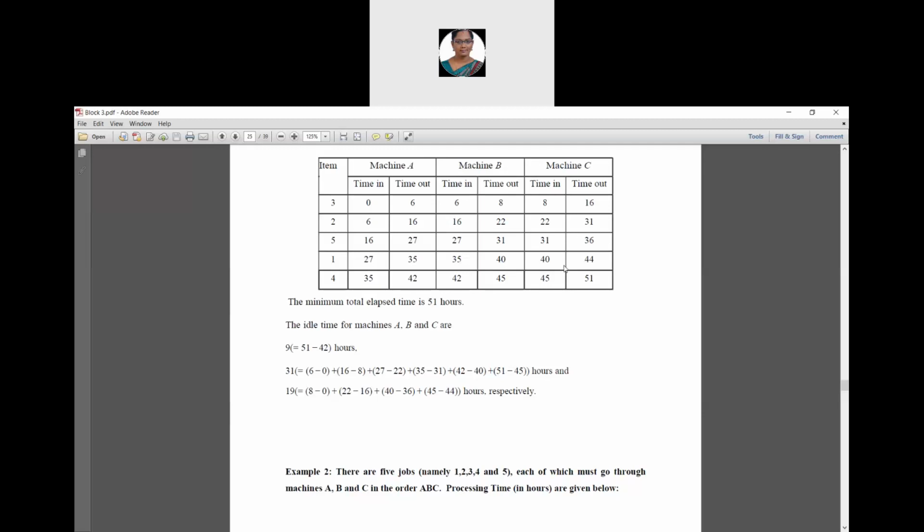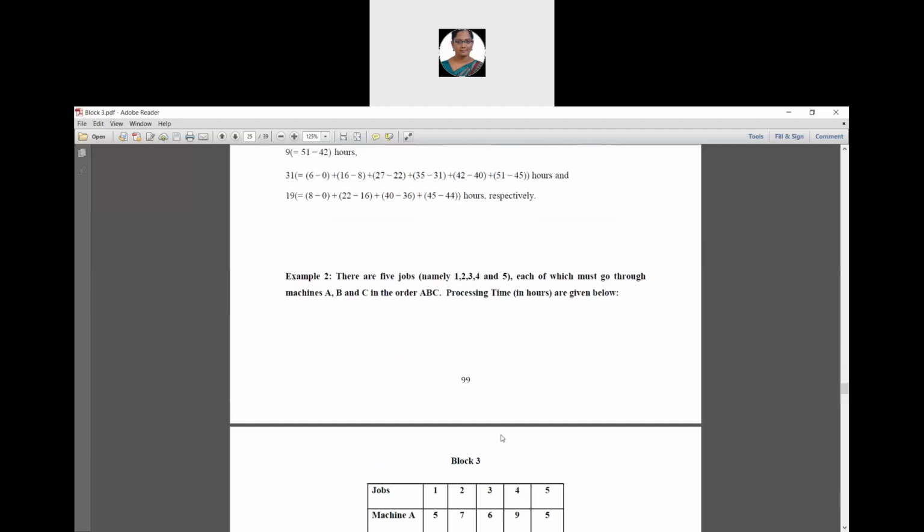So we write the first in value 8 plus the difference between 22 and 16, the difference between 31 and 31 is 0 so no need to write, the difference between 40 and 36, and the difference between 45 and 44. So it is 19 hours. Okay, moving on to the next problem.